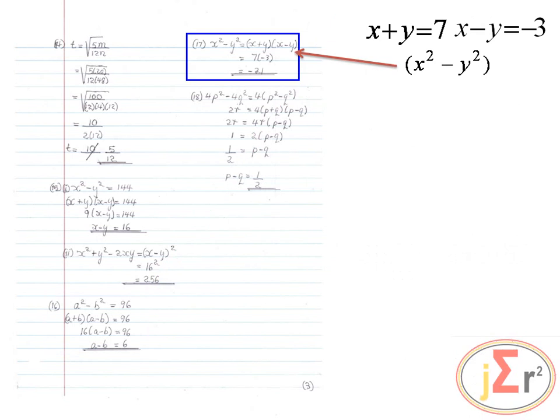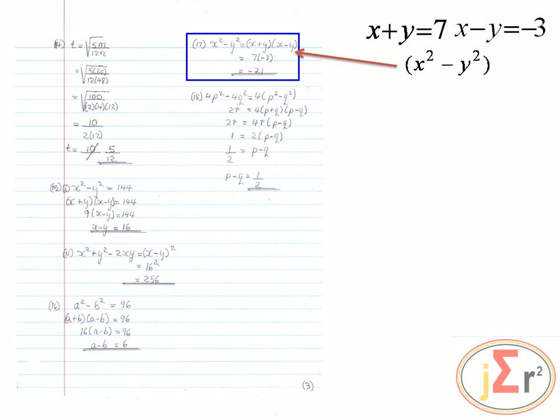Here we have another one that requires that we manipulate the difference of two squares, but this one we will make the double substitution because we do not have the value of the difference of two squares as we had on previous occasions, but we have enough in this particular example to help us to determine the value of that difference of two squares.